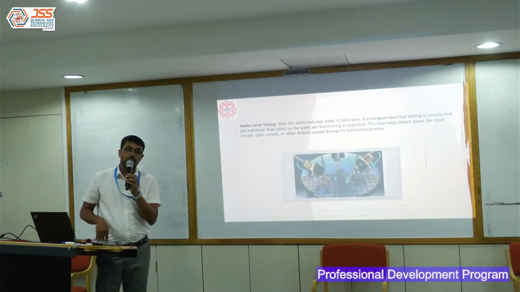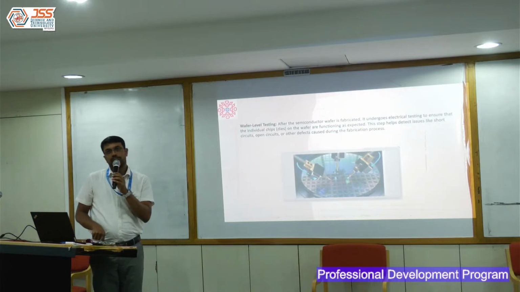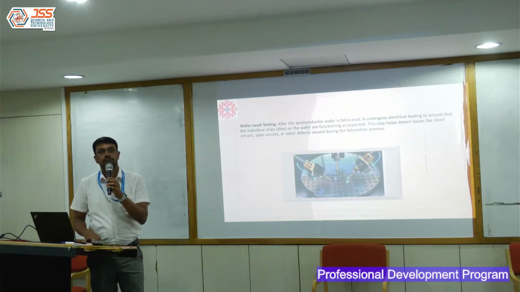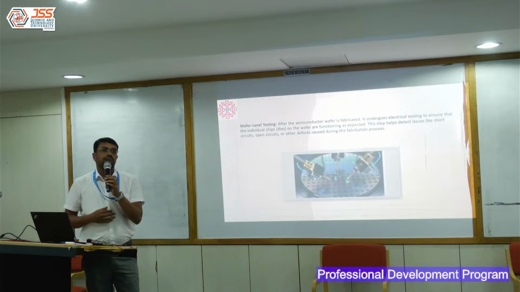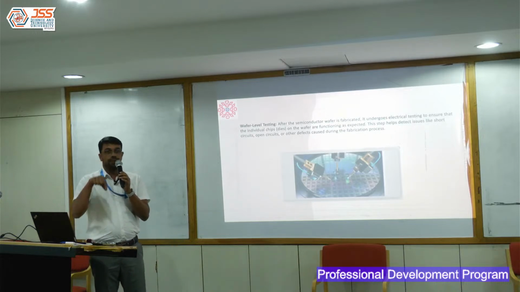Now, how many dies you can have on a wafer depends on your design size. So this is where the real estate in semiconductor or silicon comes into the picture. So there is always a push on the PD front to reduce the die size or the design size. They'll say, can you make it as small as possible? Because I can have more dies on a wafer.